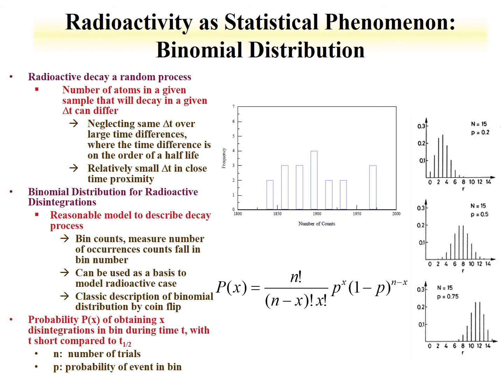You may have a half-life on the order of days, and you may only count it for minutes, maybe an hour. So the amount of time that you count something is much shorter. If I took a sample with a very long half-life, something like uranium-238, and counted it for 10 minutes, with a half-life of 4.5 billion years, the number of atoms that have disappeared is going to be relatively small.